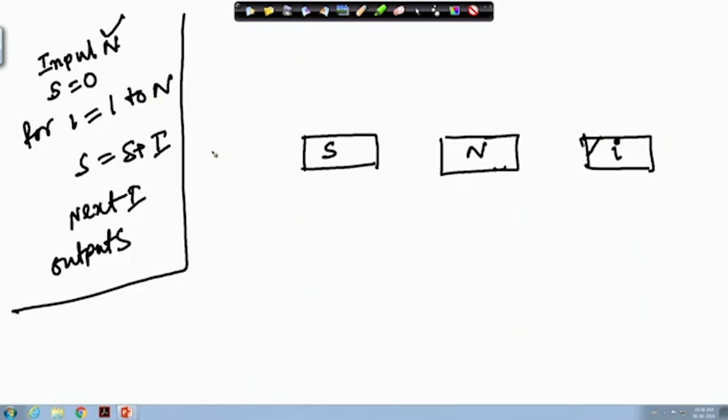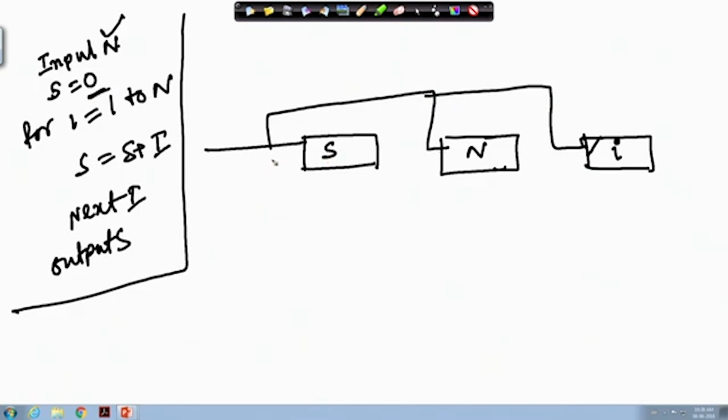Initially I need the control signal for each of these registers. S is 0, so this register will be cleared initially.